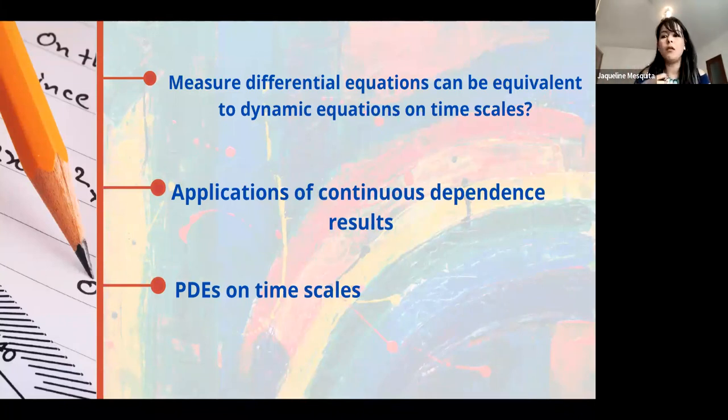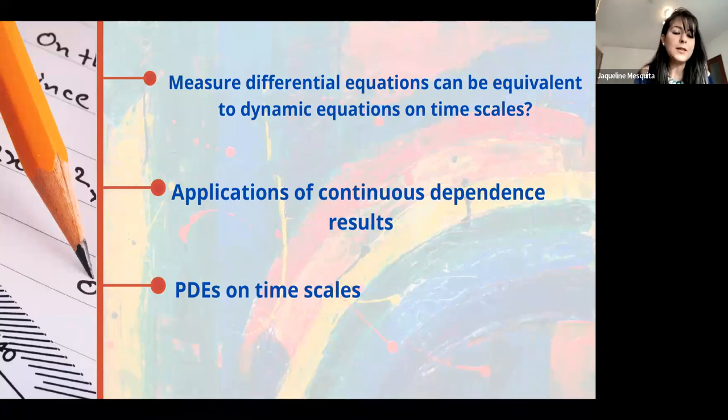So sometimes it's very hard to deal with that, especially because we cannot have, for example, until now, some Fourier transform for time scales. It's an open question, and there are a lot of open questions in that direction about PDEs on time scales. But it would be interesting to think if it's possible to prove some classical results in that direction.